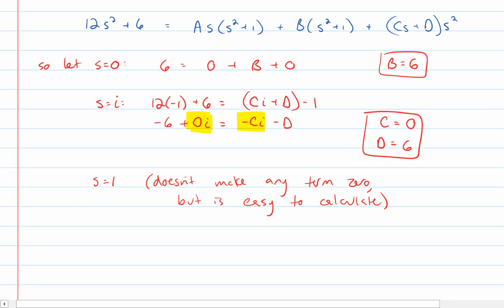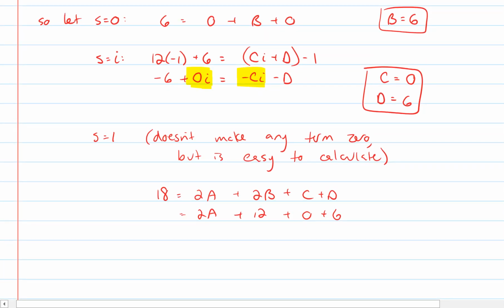And if we do that, then plugging into the left-hand side, we get that 18 is equal to 2A plus 2B plus C plus D, which is equal to 2A plus 12 plus 0 plus 6. And that means that 18 is equal to 2A plus 18, and that therefore A is equal to 0.